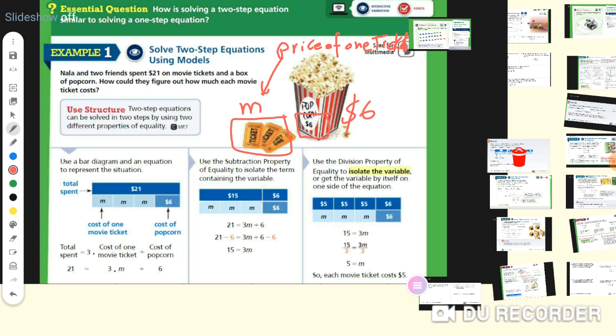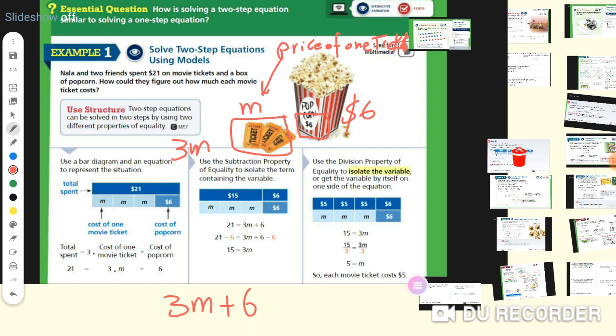How many M's here? Yes, it's 3M. So the whole ticket cost can be written as 3M. And then they buy one box of popcorn, which equals 6. So it can be written as 3M plus 6. This is the whole of what they buy, or what they spend.